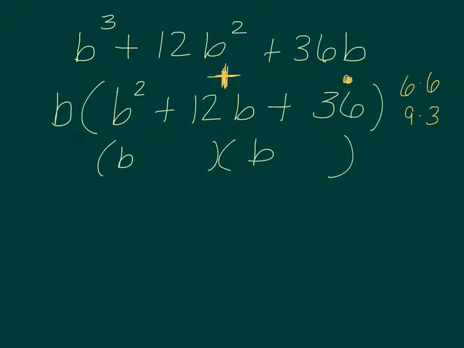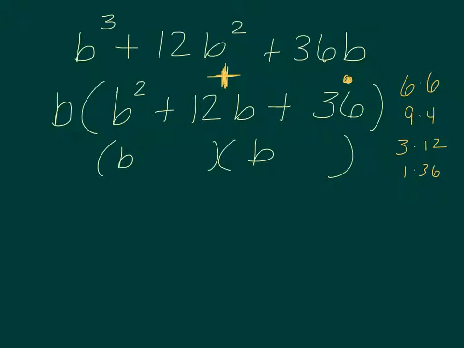I'm sorry, not 9 times 3, that's 27. Let me erase here. 9 times 3 is 27. What do I mean? Yeah, 9 times 4. So 9 times 4 is 36. 3 times 12 is 36. Right? 1 times 36 is 36.